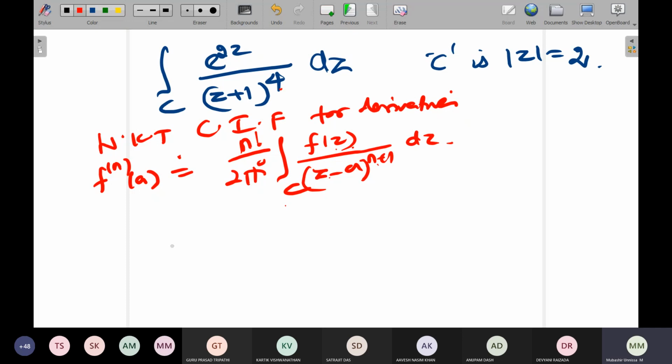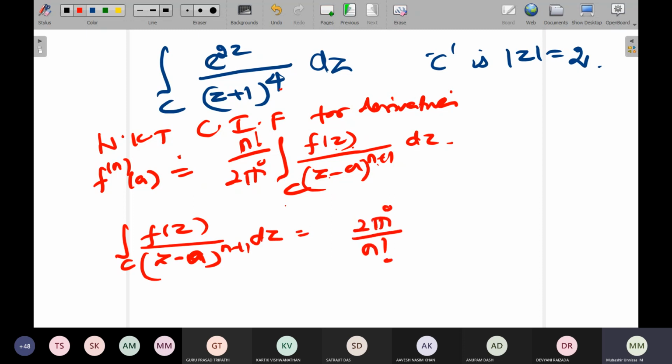Now compare this. So here you can rewrite this as integral over C of f(z) divided by (z − a)^(n+1) dz will be equal to 2πi by n factorial into f^n(a), because that only is there in the left hand side.